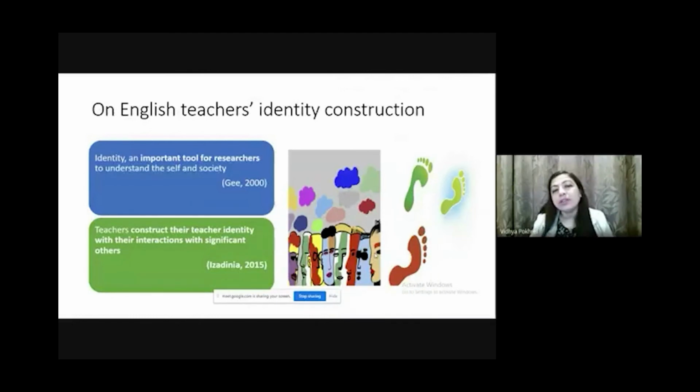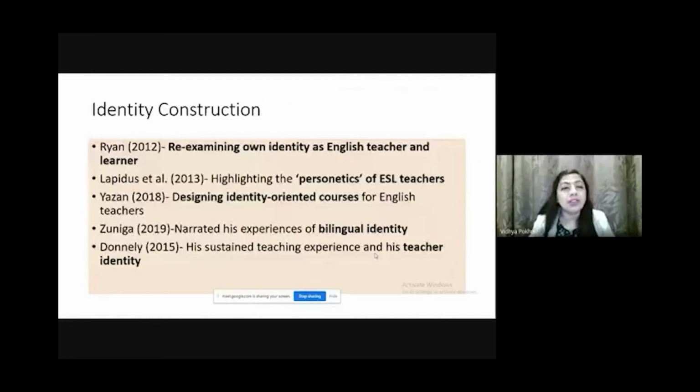So in the case of teachers, their significant others might be students, or parents, or the school administration. So these things are associated there, and these help in their identity construction.